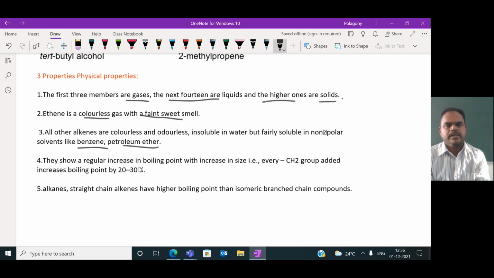They show a regular increase in boiling point with increase in size; for every CH2 group added, the boiling point changes by 20-30 degrees Kelvin. Straight chain alkenes have higher boiling points than isomeric branched chain compounds. So these are the main physical properties of alkenes.